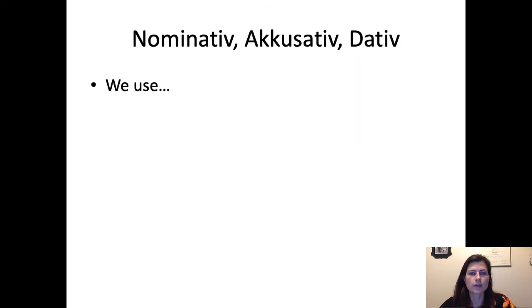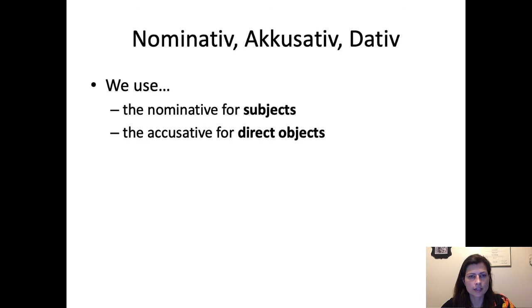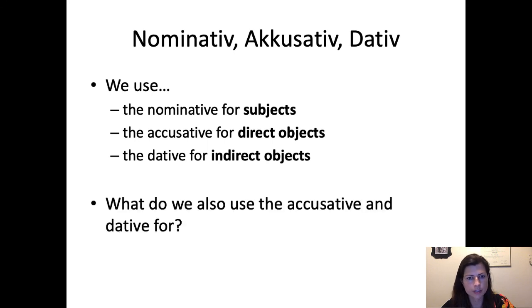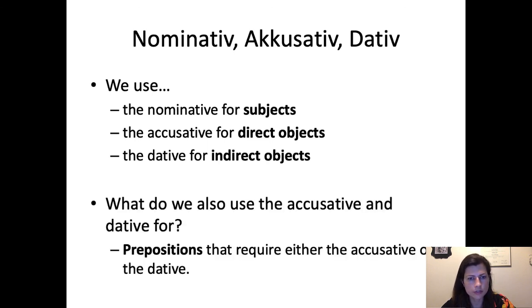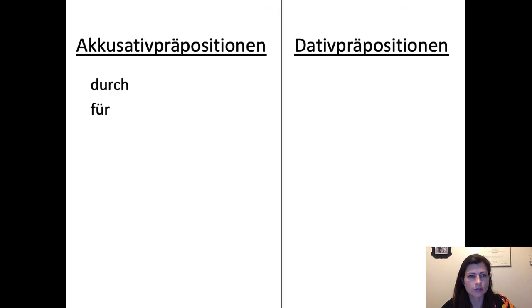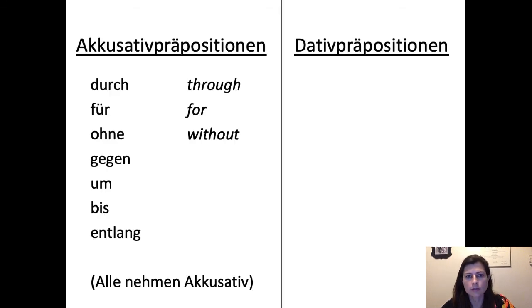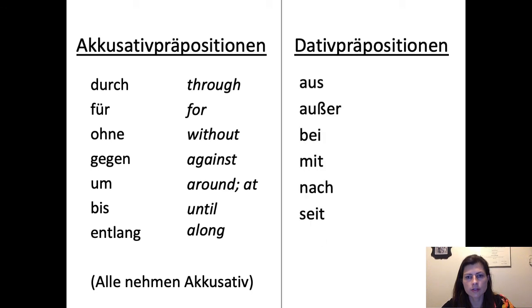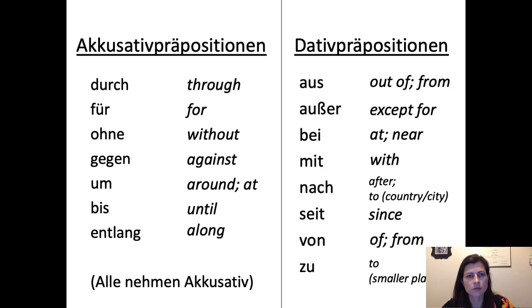Okay, so now we use the nominative for subjects, accusative for direct objects, dative for indirect objects. What do we also use the accusative and dative for? Prepositions that require either accusative or dative. So to review all these, make sure that you can sing the songs so you know which is which, and it will give you information when you translate.